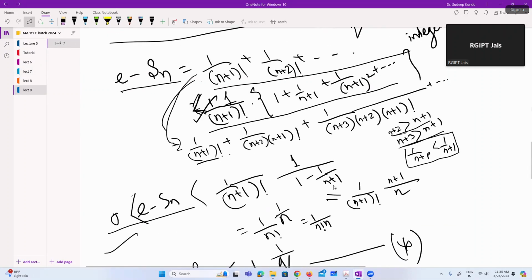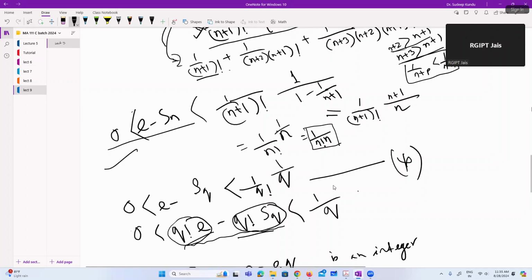So 1 by 1 minus 1 by n plus 1, and outside 1 by n plus 1 factorial is multiplied. So this will be 1 by factorial n into n. Is this clear? So 0 is less than e minus Sn, which is less than 1 by factorial n into n, for any n. It will be true for any n, right? So we put q instead of n and we get this inequality.